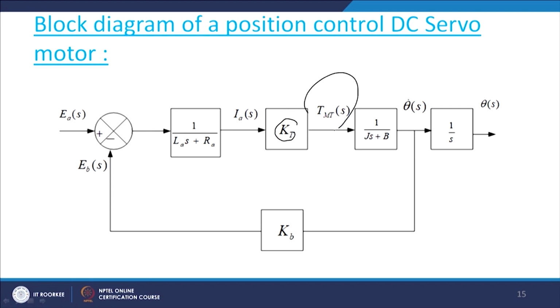We have got a torque, and that torque is opposed by 1 by (Js plus B), and this is the back EMF. And if you want a position, we get theta s, 1 by s.